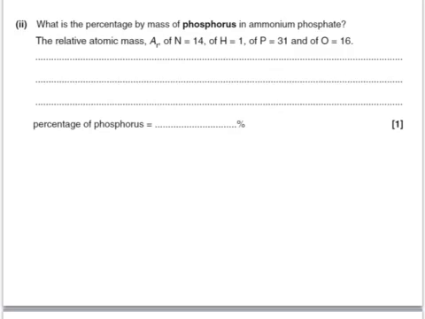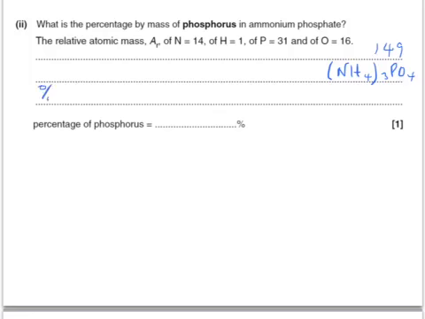Well, if you remember, we just worked out what the relative formula mass was. We'll just note that here, 149. And the formula, which was NH4 3 times PO4, has only 1 phosphorus in it, which weighs 31.